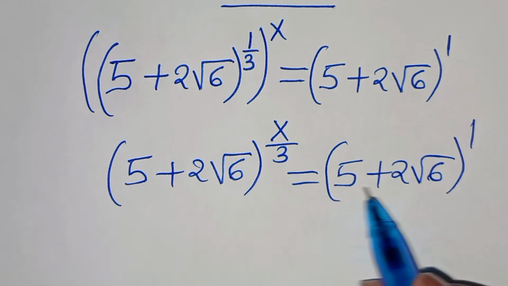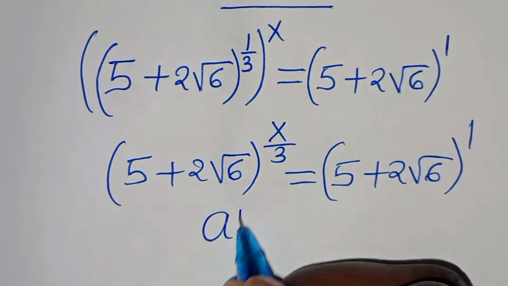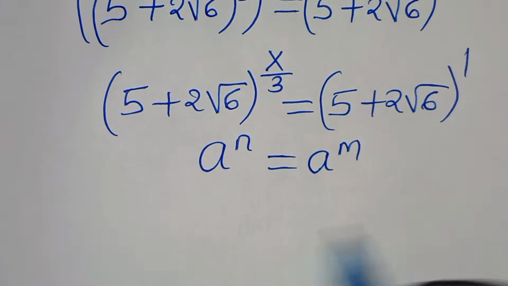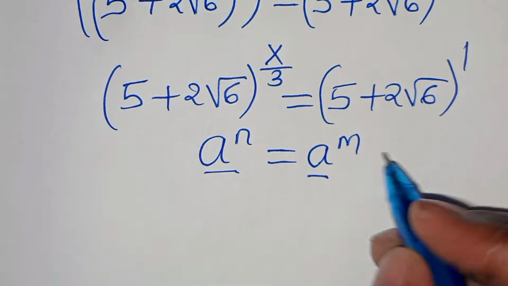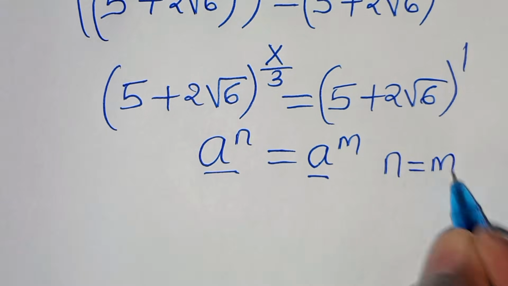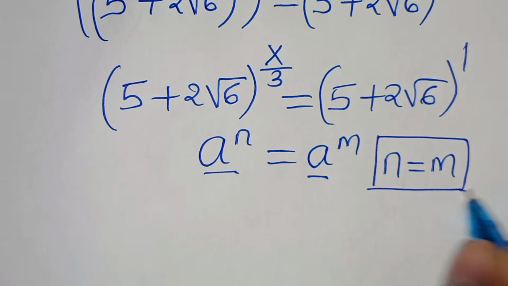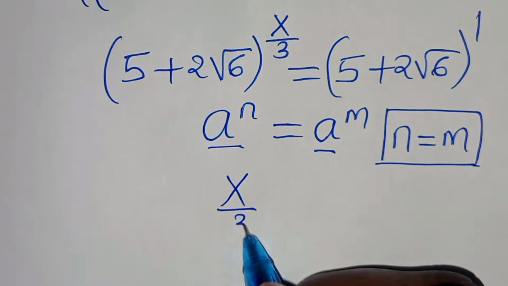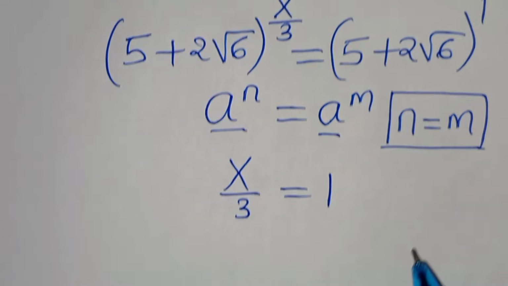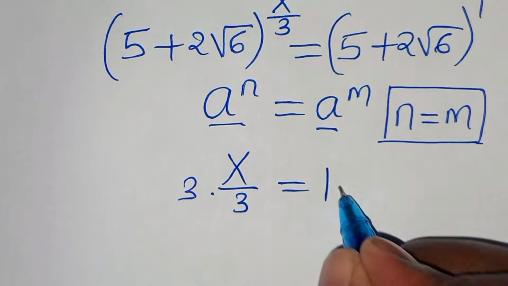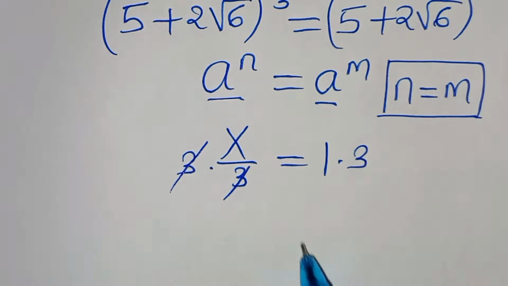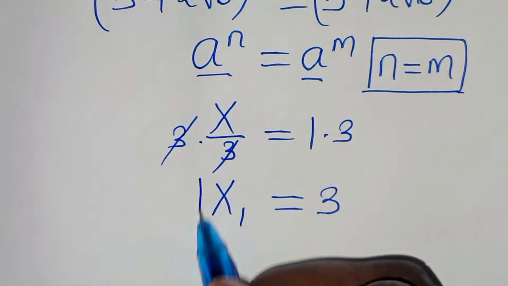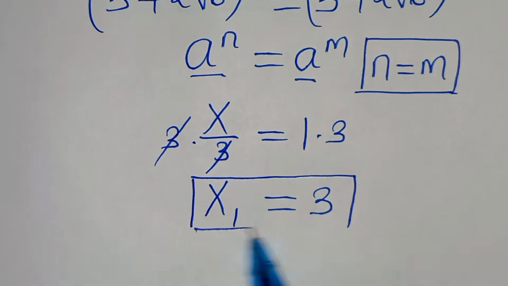Since the bases are common here, that is a to the power of n is equal to a to the power of m, exponent n should be equal to m. Applying this property, then we have x over 3 equal to 1. So let's multiply both sides by 3. And this means that x1 is equal to 3.